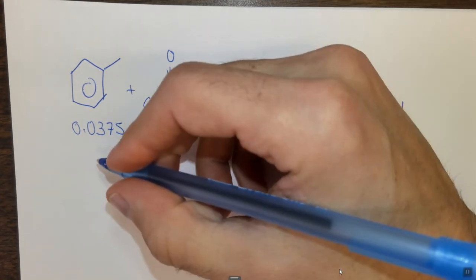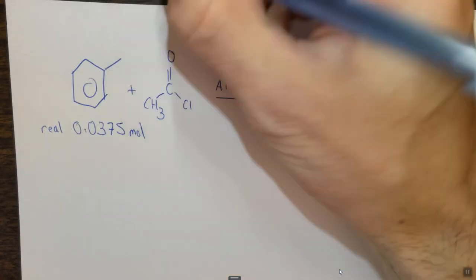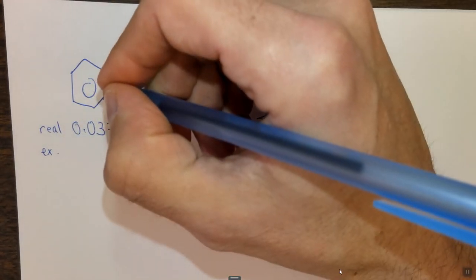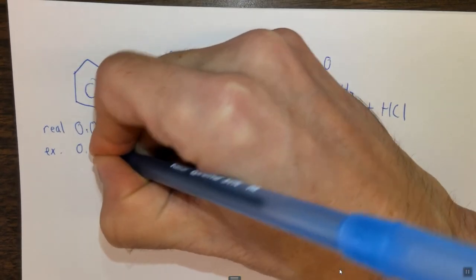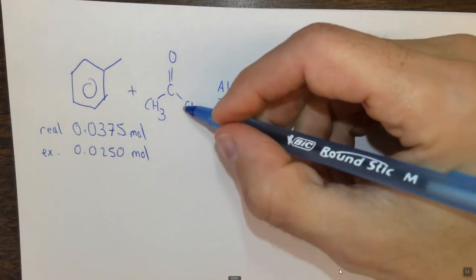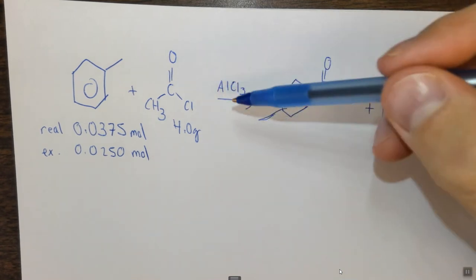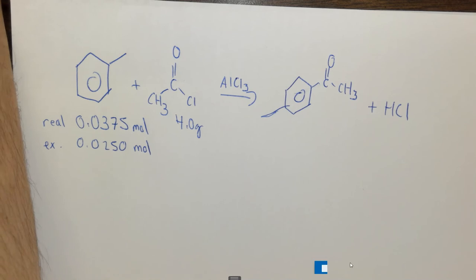And in the example, I'm going to use a little bit less than that, 0.0250 moles. For the acetyl chloride, we're going to use 4 grams in both cases, but it's not the limiting reagent, so it's not going to matter. And AlCl3 is a catalyst, so we don't need to consider that.